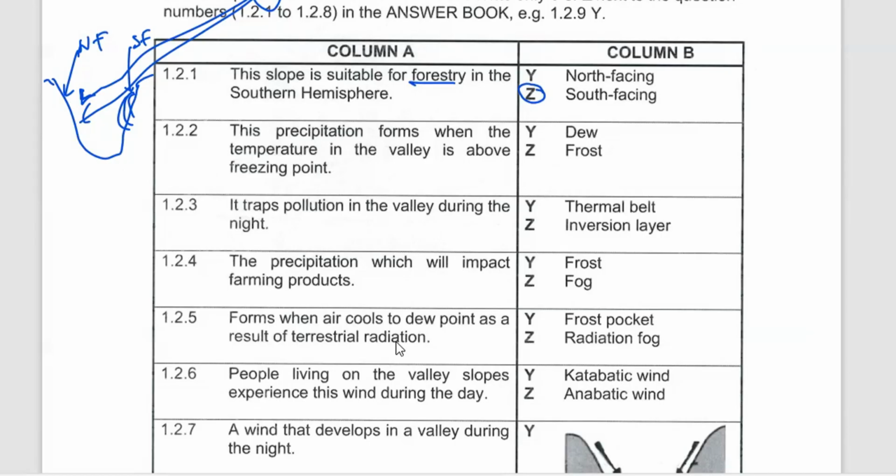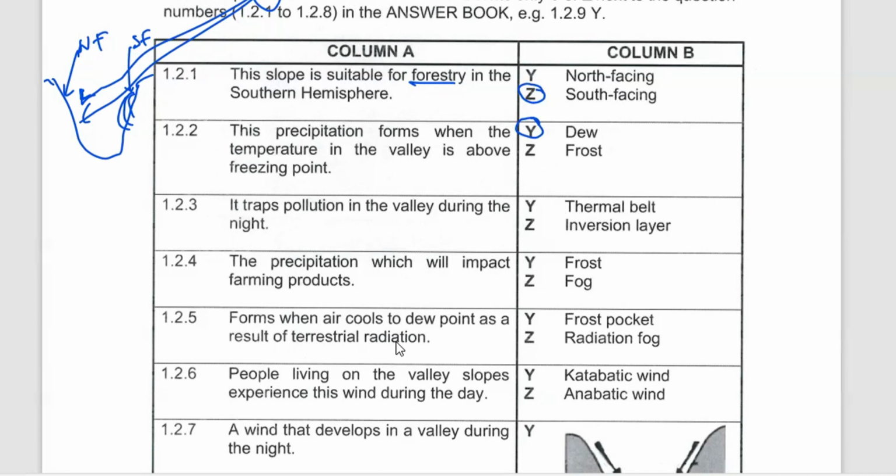This precipitation forms when the temperature in the valley is above a freezing point. When the temperature is above freezing point, we tend to have accumulation of water droplets on the ground surface and on vegetation. And that kind of precipitation is the one that we refer to as the dew. Usually you tend to find that in clear cloudless nights of the winter season.